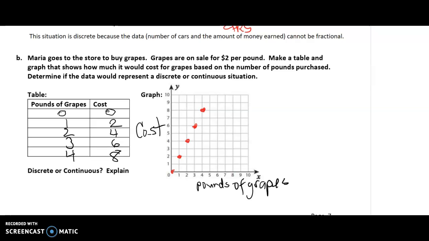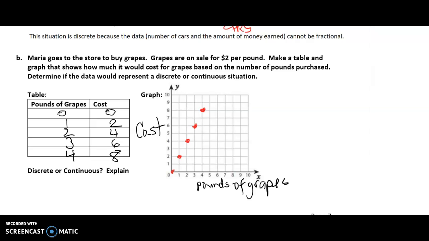Now, even though our table does not have any decimals or fractions involved, we have to understand that it is possible for Maria to buy the weight of the grapes in a fractional or decimal way. She can buy 1.5 pounds of grapes if she so chooses, or 3 3/4 pounds of grapes. Right? It all depends on how many grapes she buys.